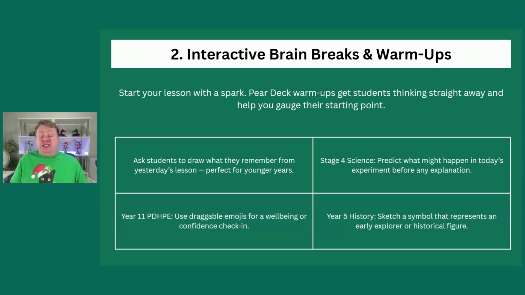So we're using those predicting skills to come up with a hypothesis before we've gotten started. And then you'll have all of these collaborated and put together, which is great. And you can go back and refer to them at the end and see who was close or who was right off the mark. And there could be so many wonderful discussions that you could have from this particular example.